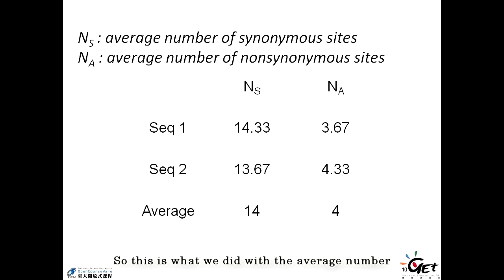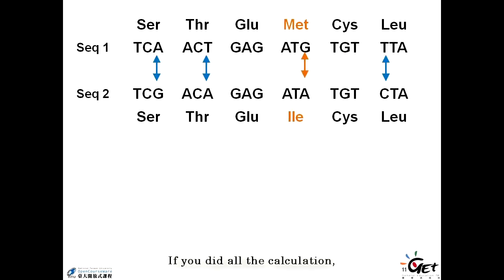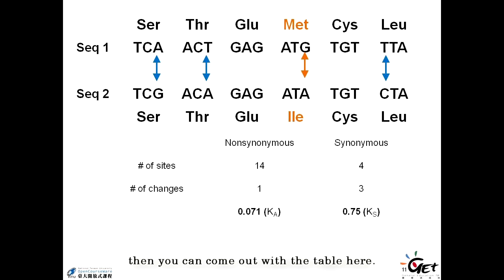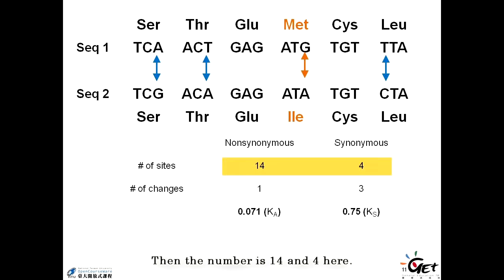This is what we did with the average number of synonymous and non-synonymous sites. If you did all the calculations, you can come up with the table here. We calculate the average synonymous and non-synonymous sites based on the last slides, the average of the 2 sequences calculated separately. The numbers are 14 and 4 here.